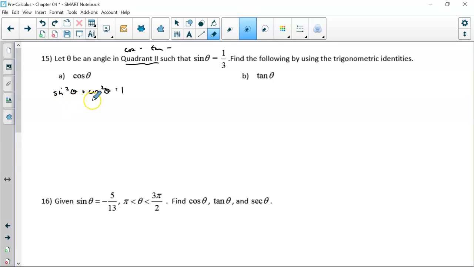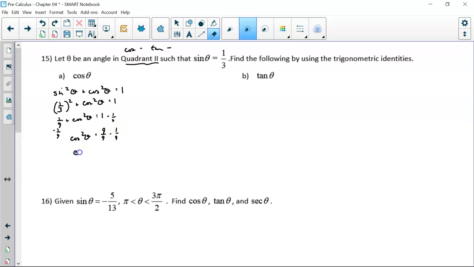So what we have here is we can do 1/3 squared plus cosine squared theta equals 1. 1/9 plus cosine squared theta equals 1. Subtract 1/9 from both sides. So cosine squared theta equals 1, which is the same as 9 over 9, minus 1/9.